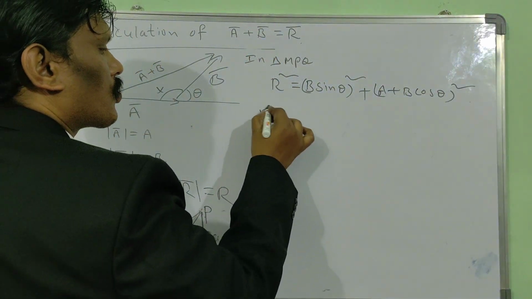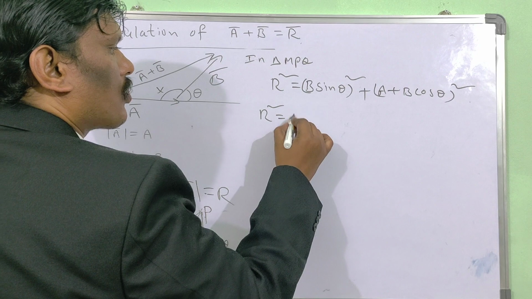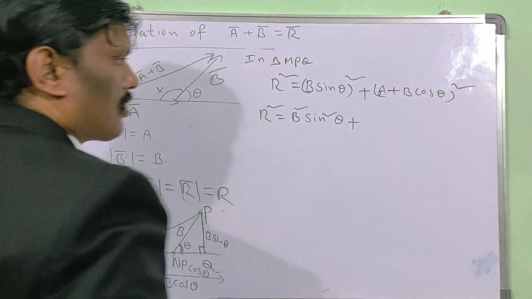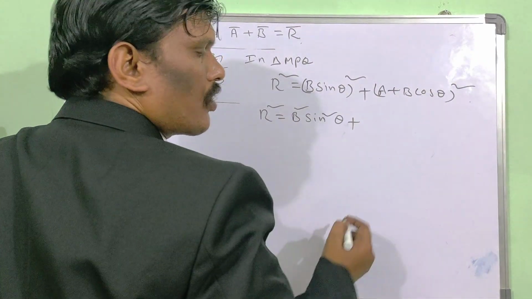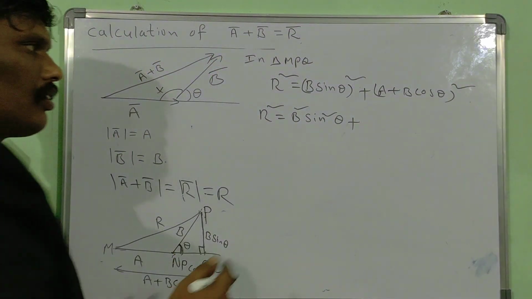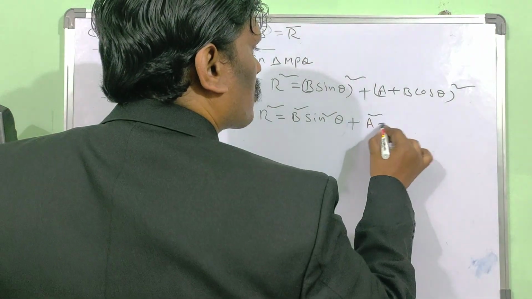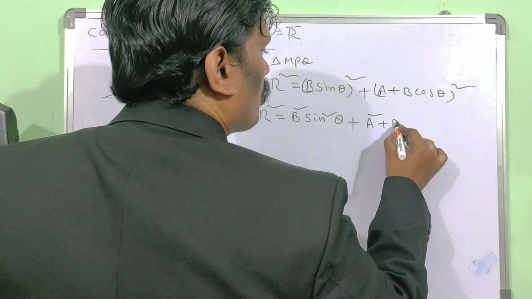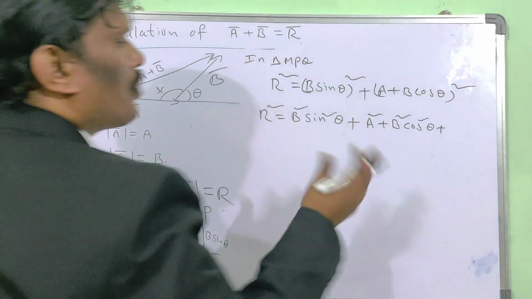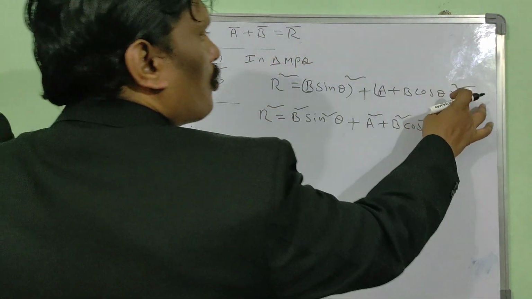Now R square is equal to B sin theta whole square, that means B square sin square theta, plus A plus B cos theta whole square. We can use the A plus B whole square formula: A square plus B square cos square theta plus 2AB cos theta.